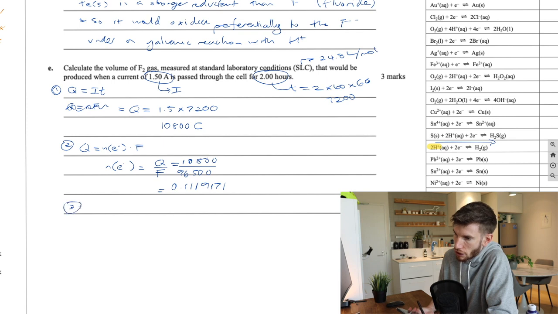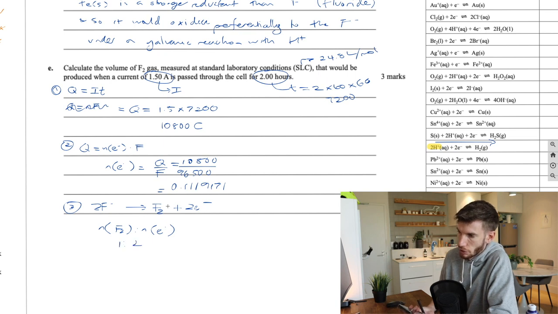Then the third thing that we're going to do is we need to go to our half equation. So this was for fluorine, and that was fluoride reacting into fluorine. And we balanced this before, right? I'm going to leave out states because it's not really needed. We had this. So the number of moles of fluorine to the number of moles of electrons is 1 to 2 from the coefficients.